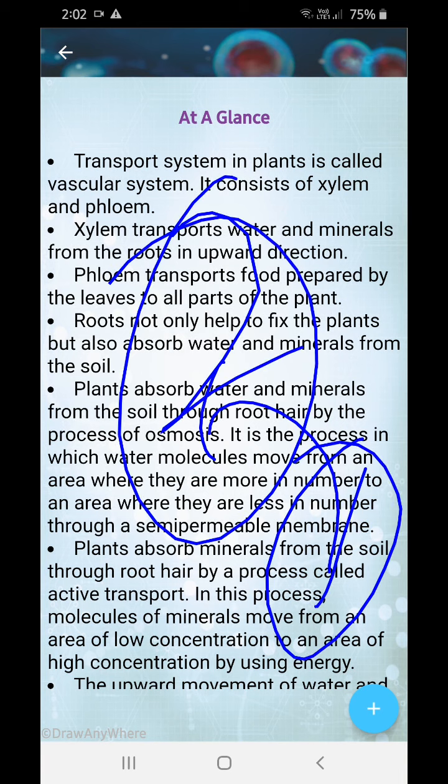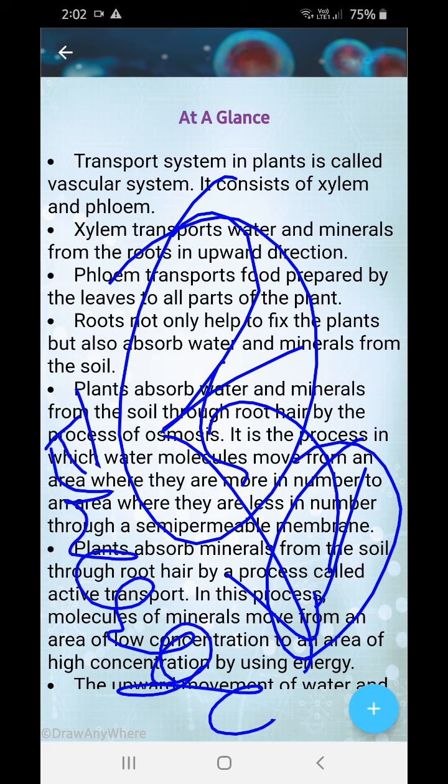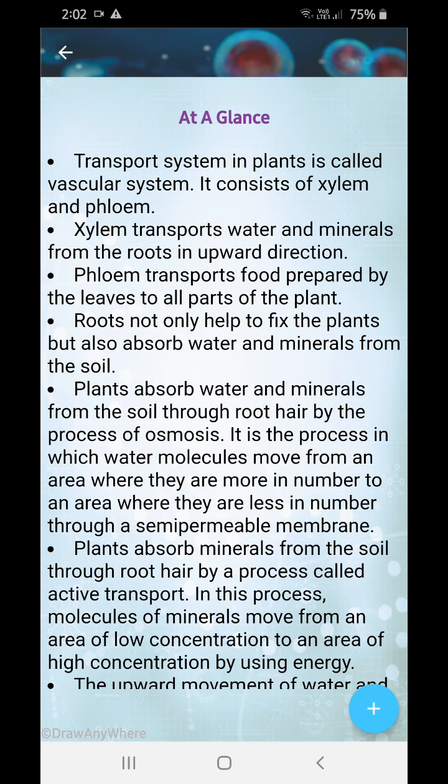So what will happen? This molecule will also go here. And what is needed for that? Because in general this molecule goes over here, right? In general case it's not happening over here. So what is required? Energy is required. So by using energy we can get this. Okay? Next.